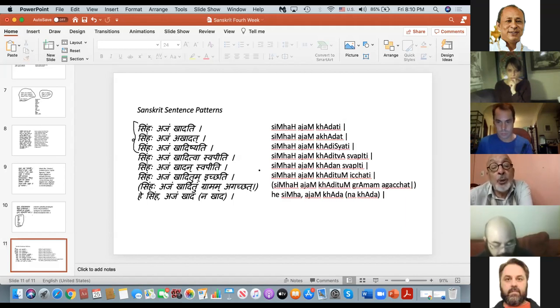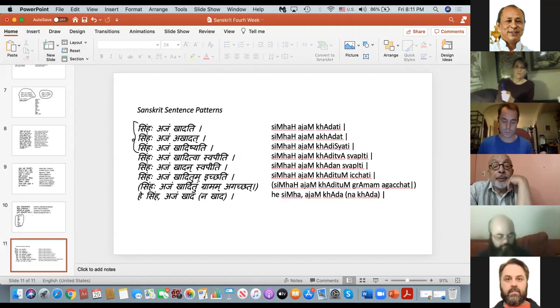While eating, so you translate khadan as while eating. And just like khaditva, you can have gatva, dishtva, what else do we have? Ichhitva. You can have khadan, gachhan, swapan. All verbs can have this type of sentence pattern. Simha ajam khadan swapiti: while eating the goat, lion sleeps.